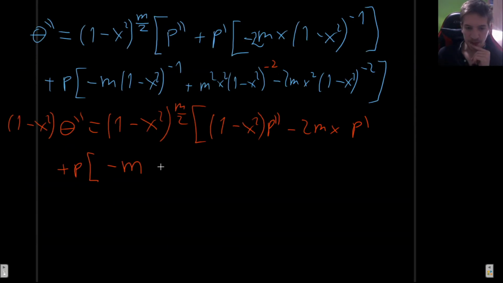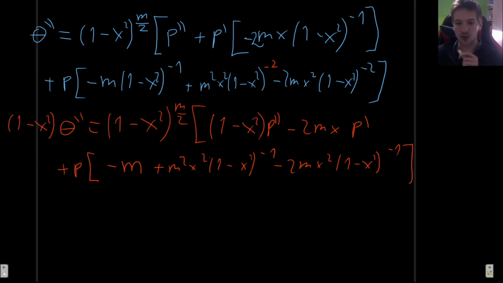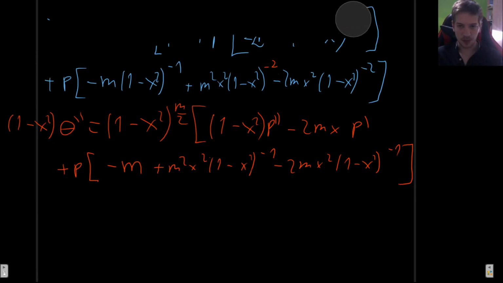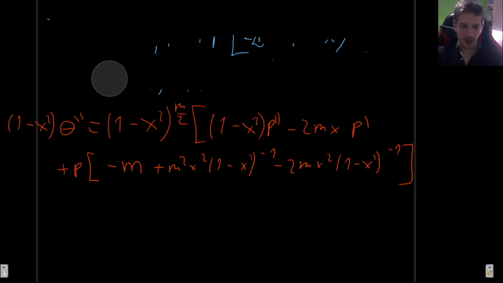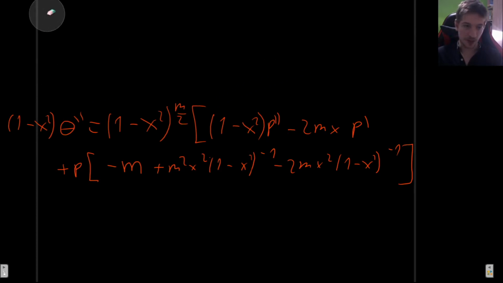Okay, so when we do that, we get plus m squared x squared times 1 minus x squared to the minus first power minus 2m x squared 1 minus x squared to the minus first power. So this is now what we have for our second derivative. So let's replace this in blue by this, because we are interested in what is in red, because that's what we can put into our equation.